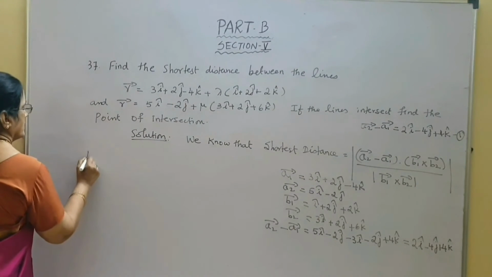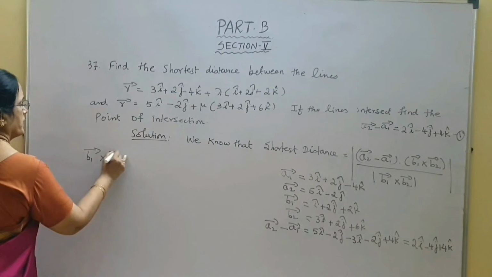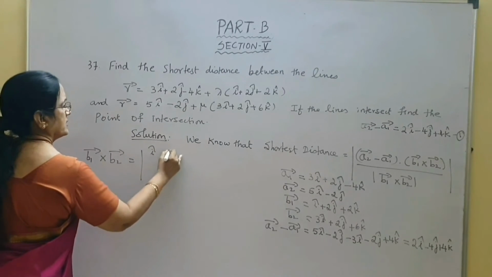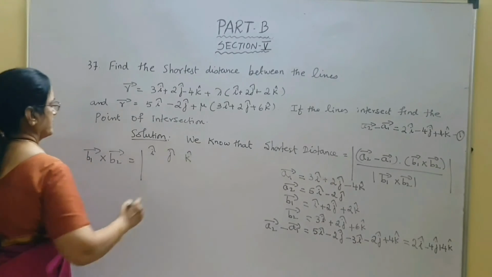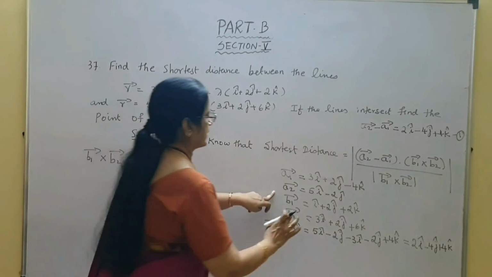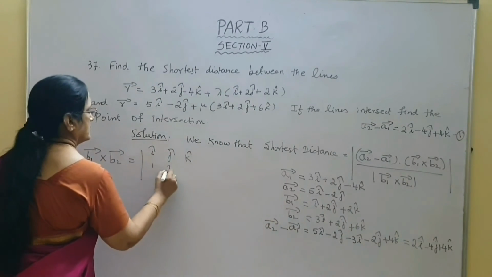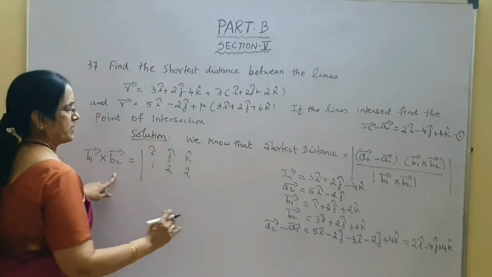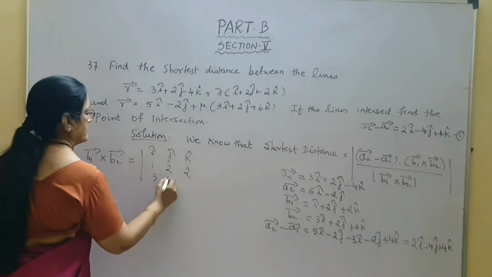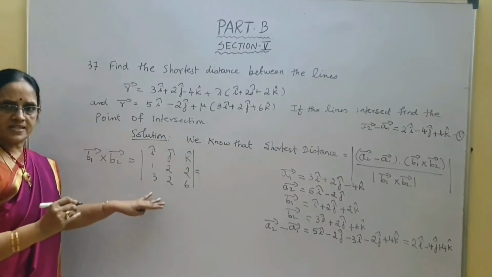Now, B1 vector cross B2 vector is nothing but the determinant i, j, k. What are the coefficients of i, j, k for B1 vector? 1, 2, 2. And for B2 vector, 3, 2, 6. Let us evaluate this determinant.